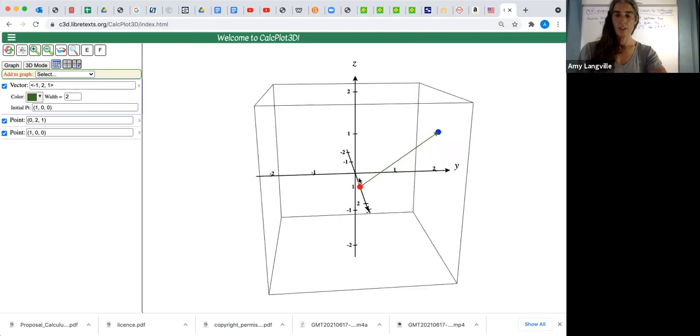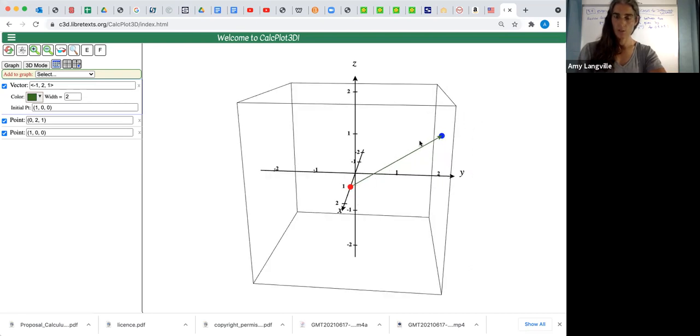And to traverse that entire thing, you actually could enter that as a space curve starting at x1. So in our notation from Calc 3, you usually parameterize with t. That's what CalcPlot3D is going to need. What did I say the first point was? 1, 0, 0, plus t times our direction vector, which was minus 1, 2, 1. And so we can create this vector 1 minus t, 2t, and t.